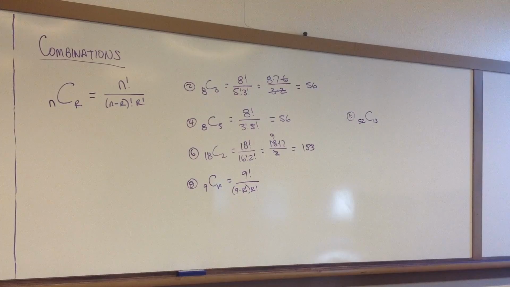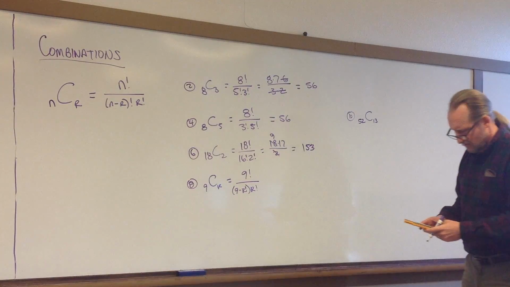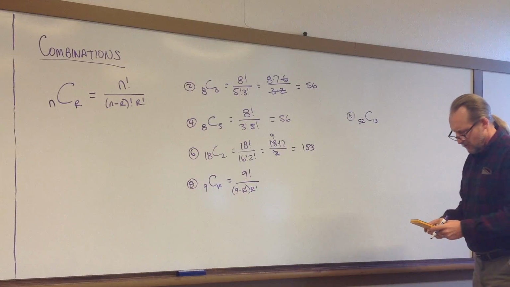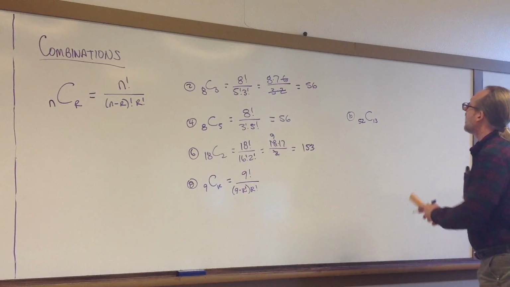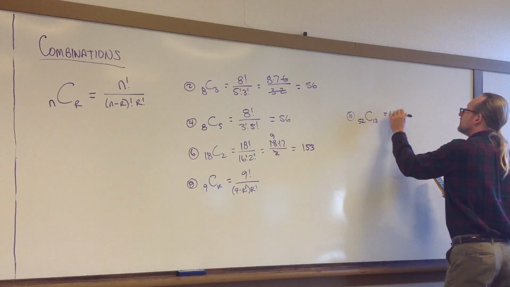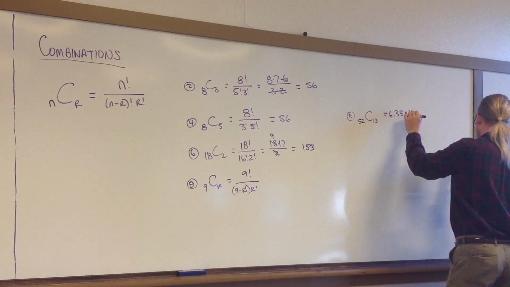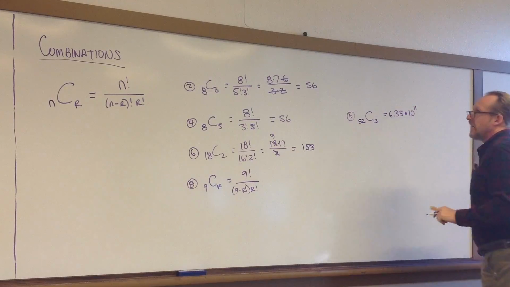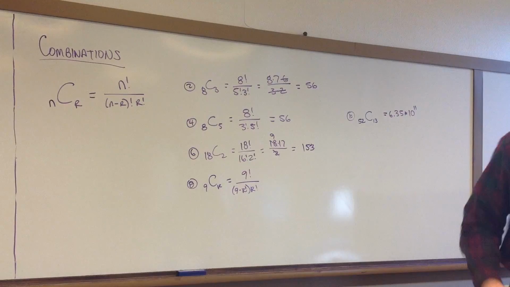Now this is one that's good to use the calculator on, because I think that it's going to be a fairly large number. Let's see here, 52C13. Yeah, it gives it to me in scientific notation, 6.35 times 10 to the 11th, which I think is in the hundreds of billions. So, a large number.